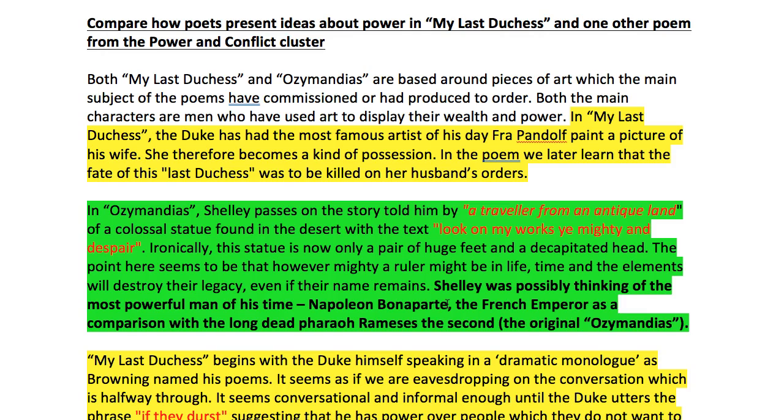So perhaps he's attacking Napoleon Bonaparte because he's a dictator and because the British were in fear that Napoleon would invade. Those would be reasons why a contemporary reader would be interested in this depiction of Ozymandias as a tyrant.